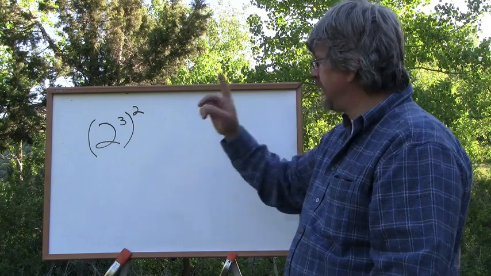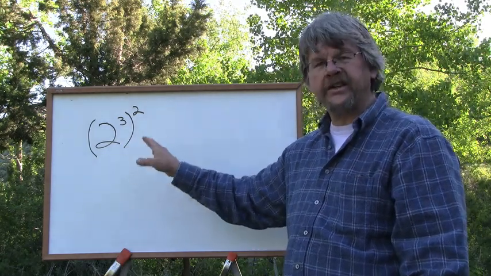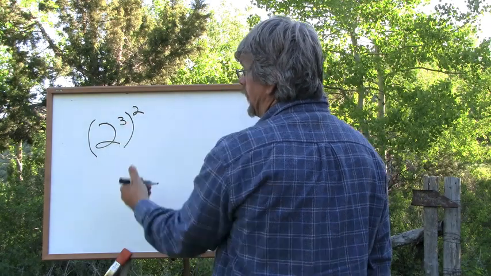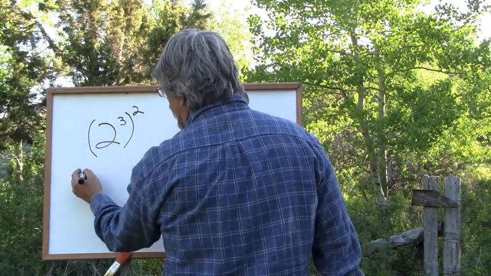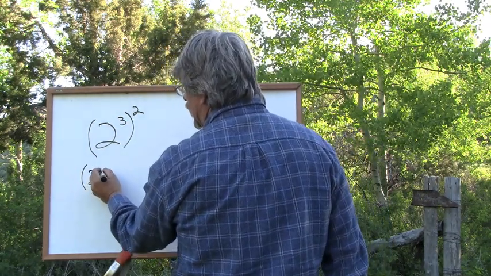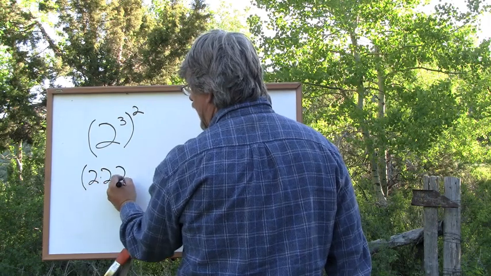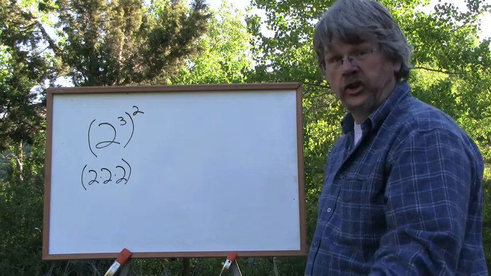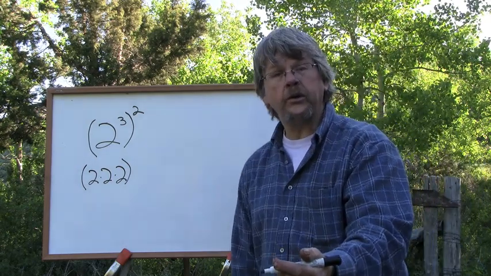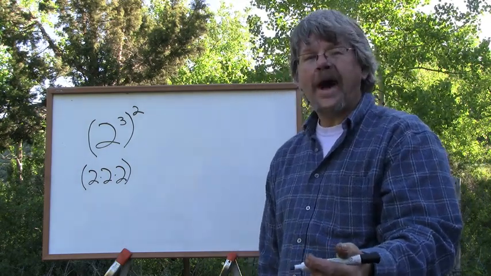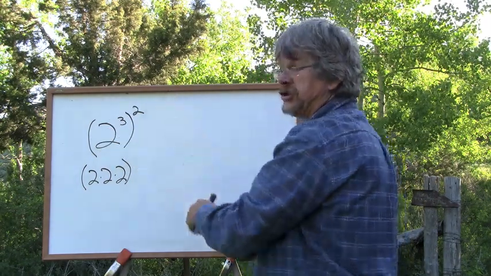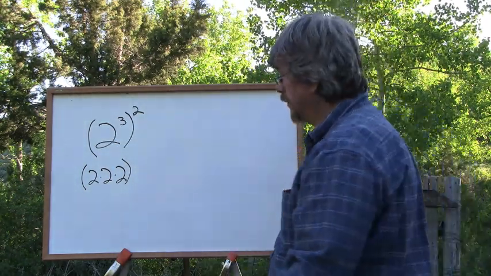Let me show you exactly what this expression is saying. This says 2 cubed. So you know we're going to have 2 times 2 times 2 for this part of the expression, right? 2 cubed is 3 2's multiplied. But now the entire expression you have to do twice.